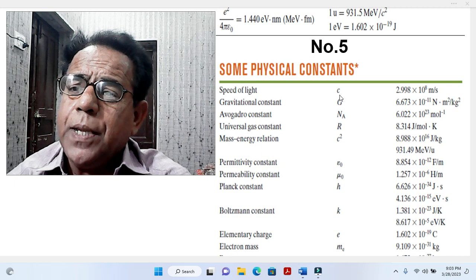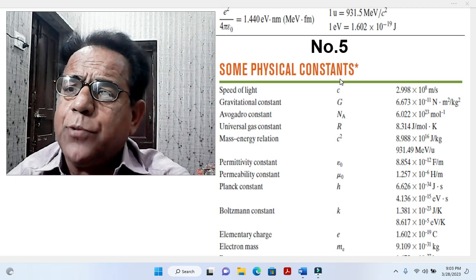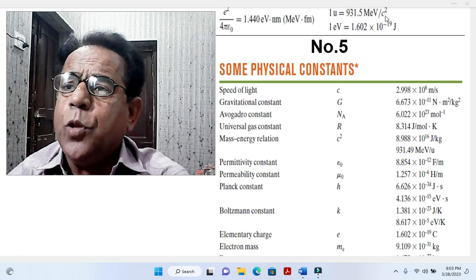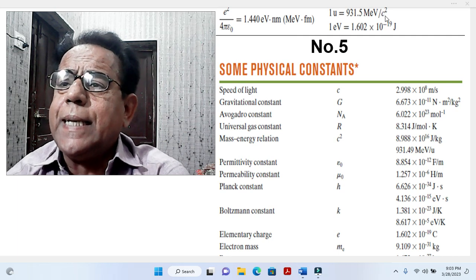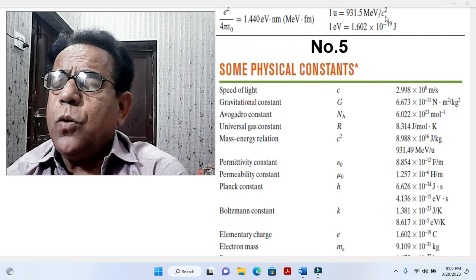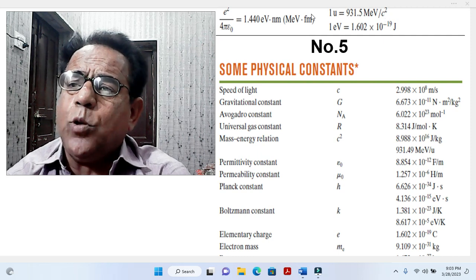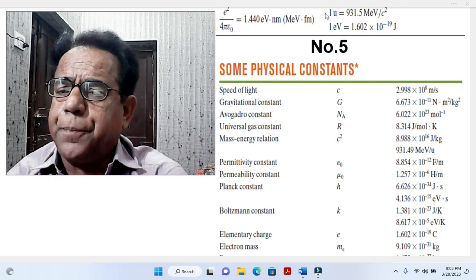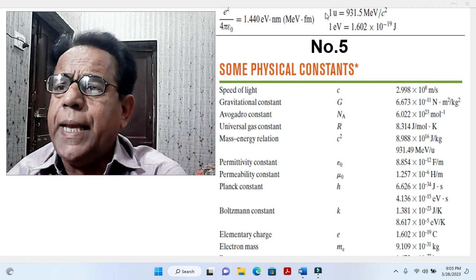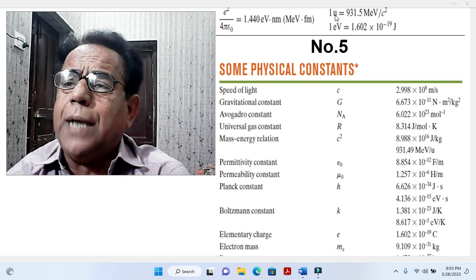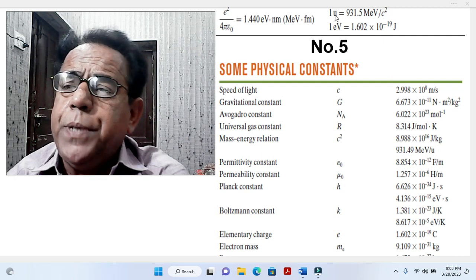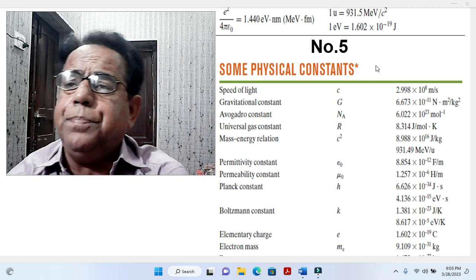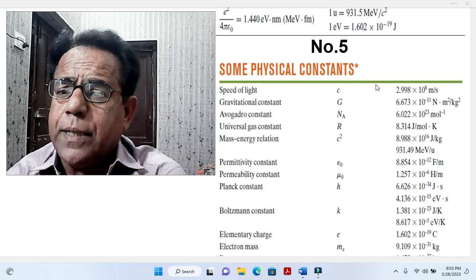Clear, students? Not only the value of c but also the value of c square is given from here. This c square on being shifted to the other side of the equality will become the numerator, and this u, atomic mass unit, which is in the numerator on the left side, will become the denominator after being transferred to the other side of the equality.